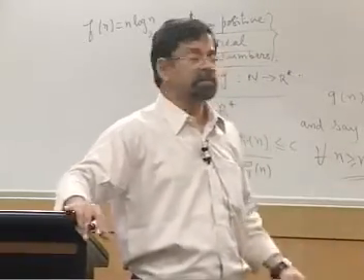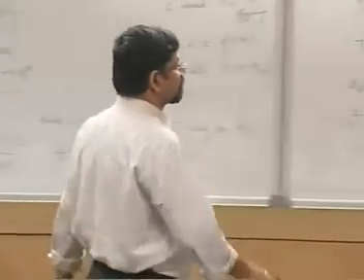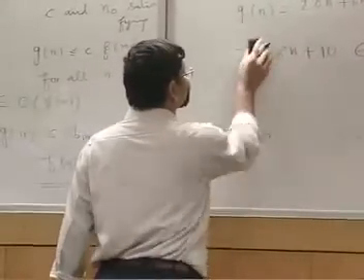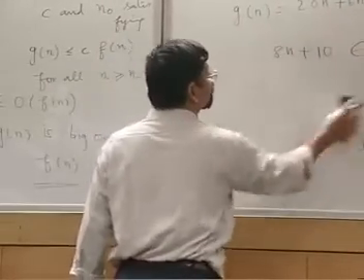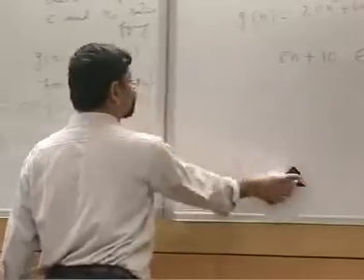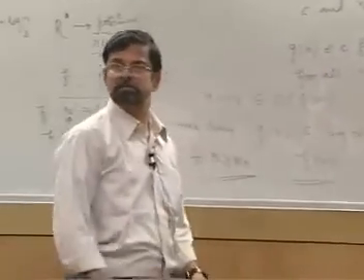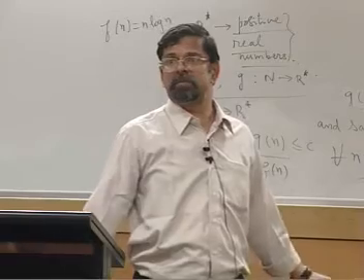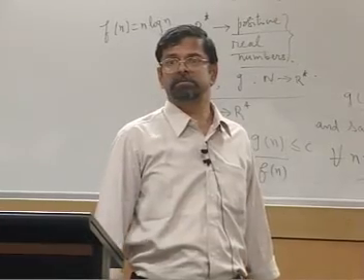I'll give an example. For instance, I can say 8n plus 10 also belongs to big O of n square. Perfectly possible, right?